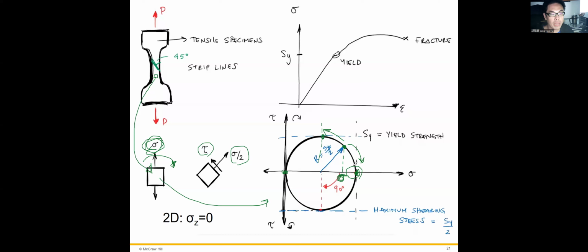When the element reaches the maximum shear stress, the average stress coexists, which is the center of the Mohr circle. For this maximum shear stress criterion, we define the maximum shear stress equals the yielding stress.